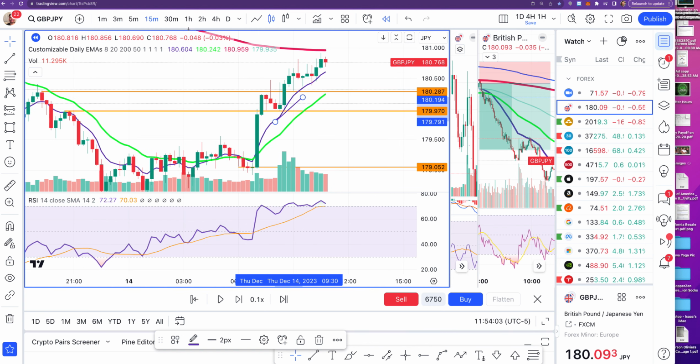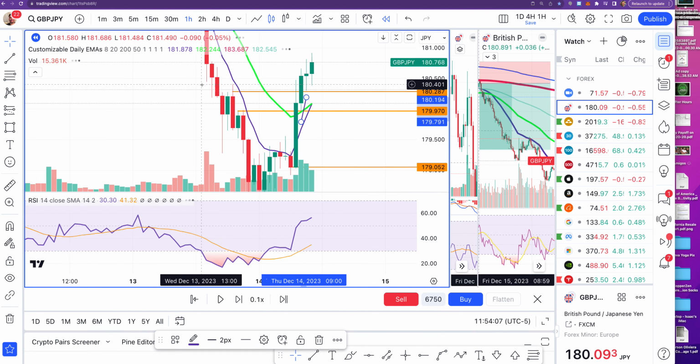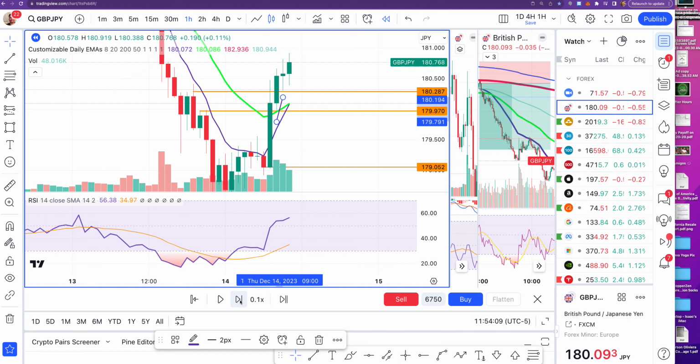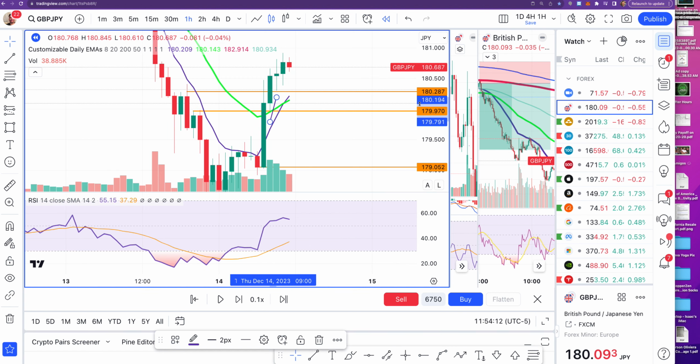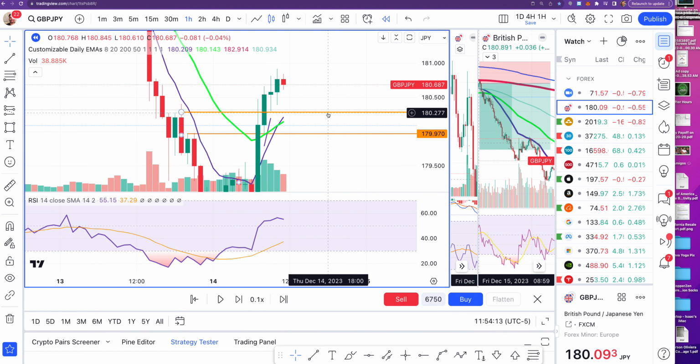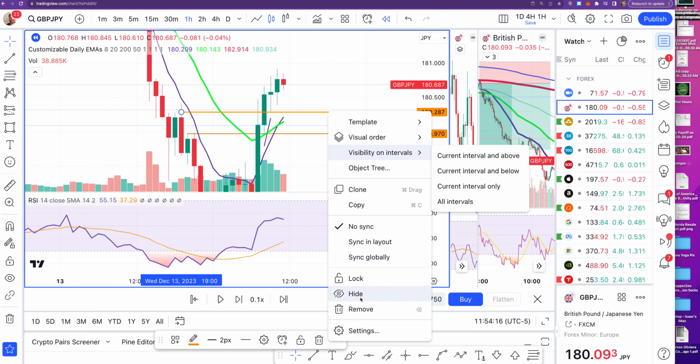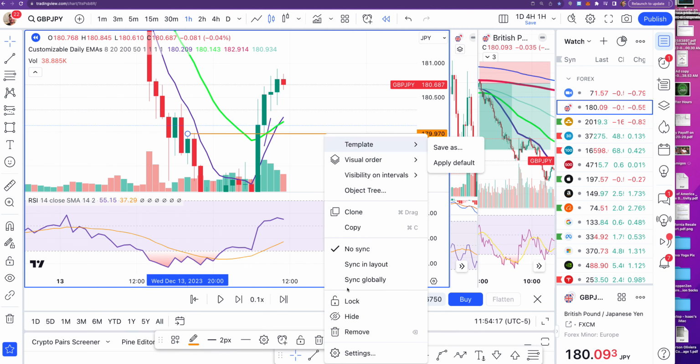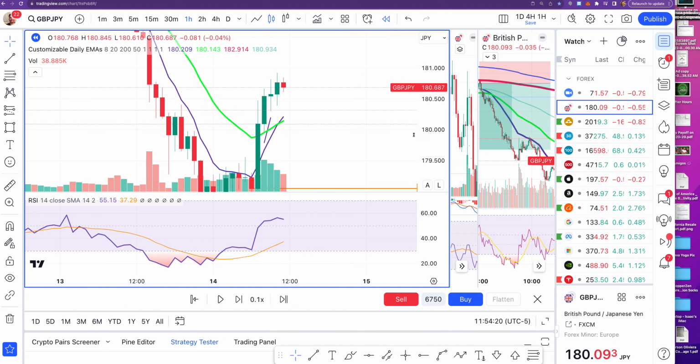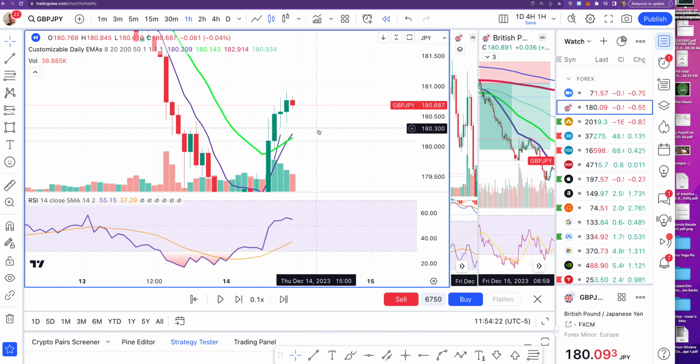So what else happens here? Let's go back to the 1 hour. As we progress up on the 1 hour, we get another one right there. Now we're seeing support because we're on the way up.